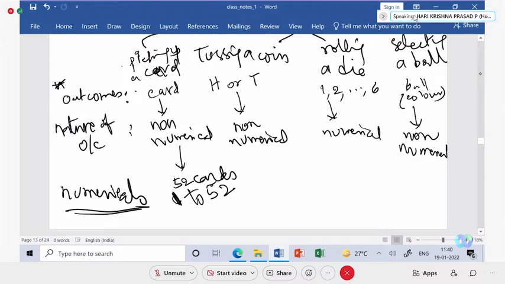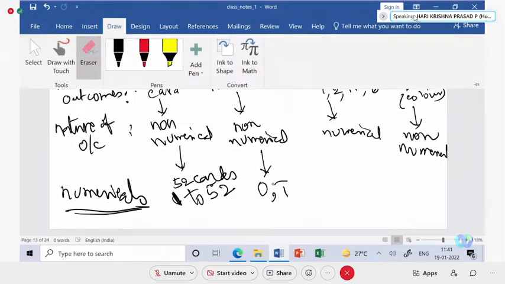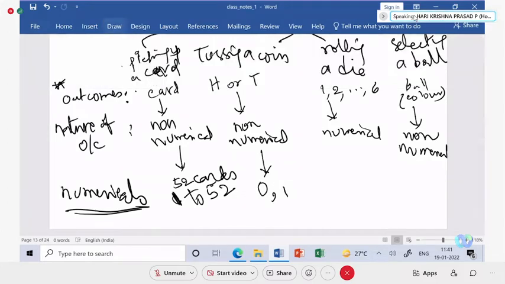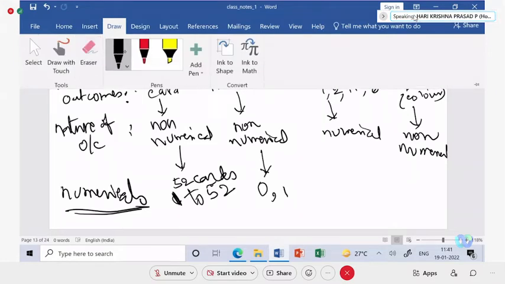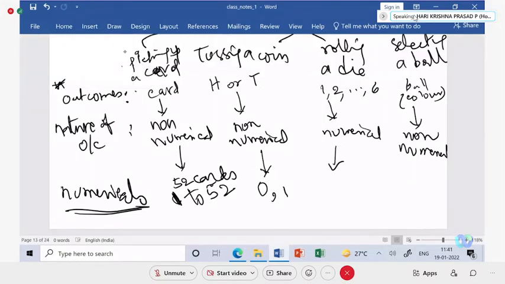When I toss a coin, head or tail I can get. To each outcome, I assign a numerical value. Say head is 0, tail is 1. When it comes to the third experiment, the outcomes are only numerical in nature, so I don't have to worry about that. The same numericals which come up when I roll a die can be taken.